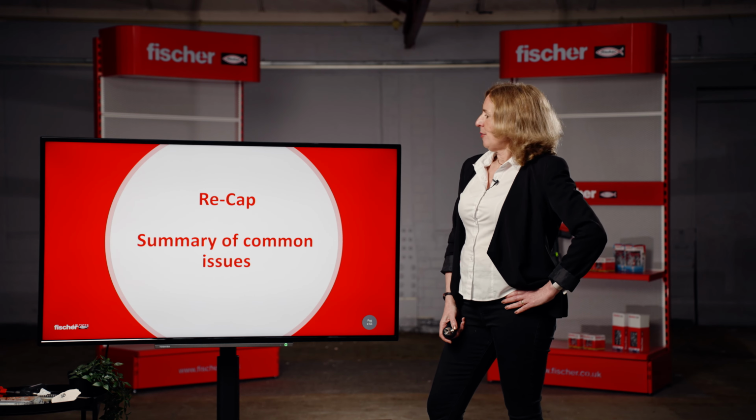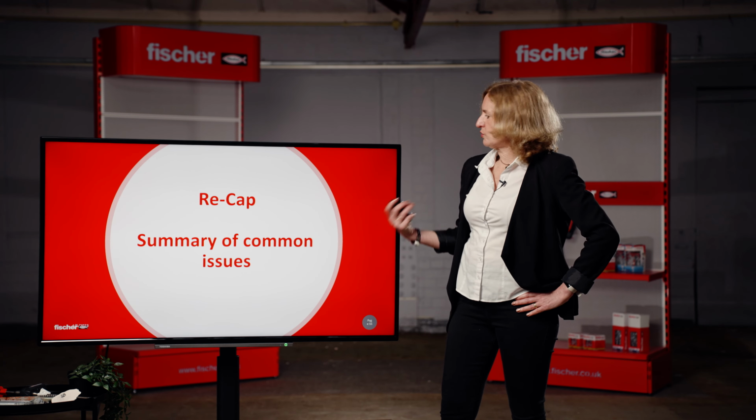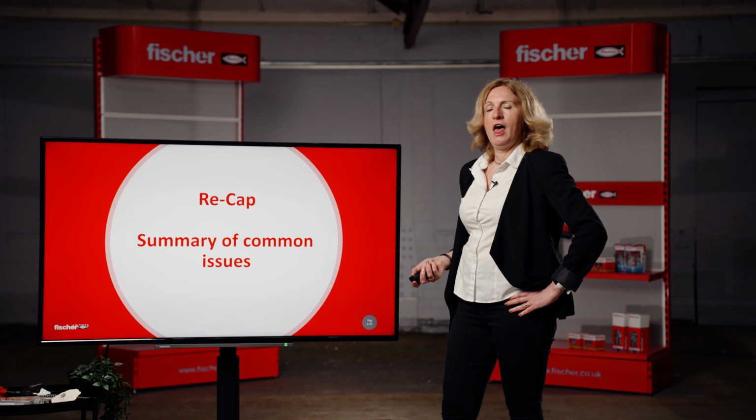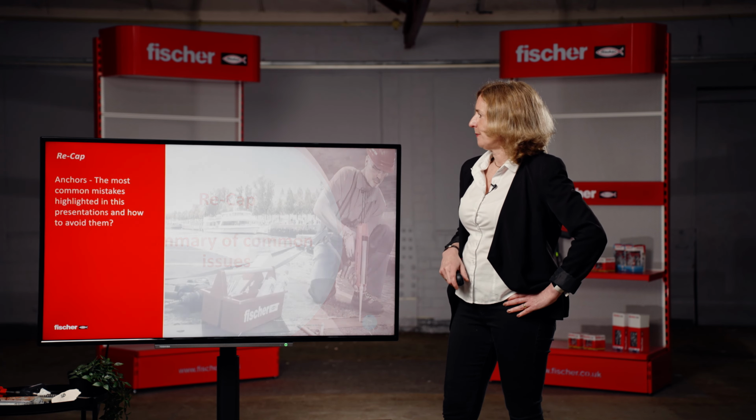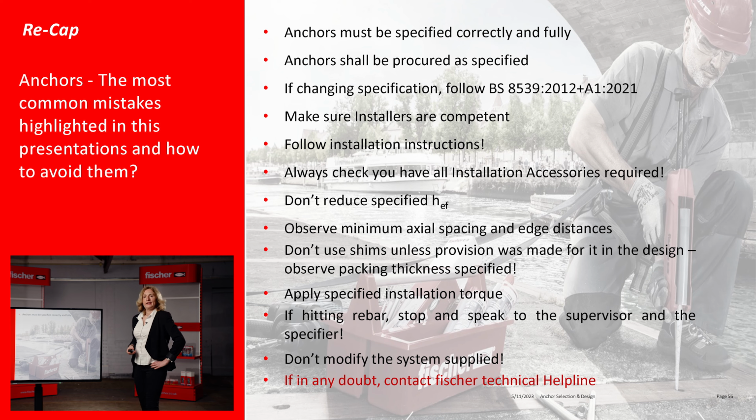So as a quick recap, summary of the most common issues with anchors and what we have to follow. Anchor must be specified correctly and fully. Anchors must be procured as specified. If we are changing specification, follow BS 8539 with the change management. Make sure installers are competent and trained.